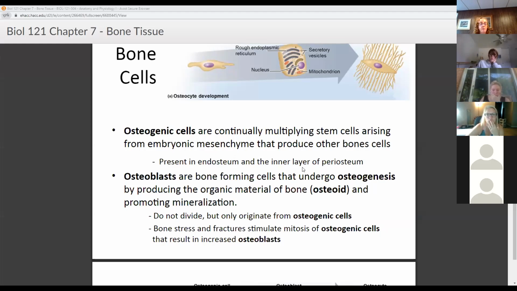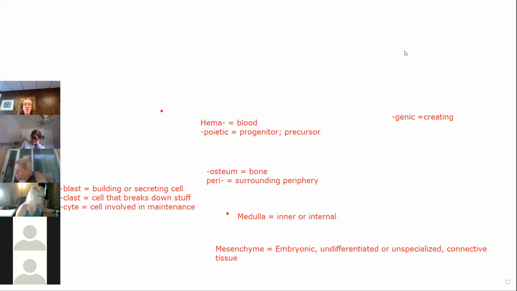Osteoblasts are bone-forming cells that undergo osteogenesis. So genesis, remember, if we talked about the word genesis? Probably the easiest way to remember it is if you're familiar with the Bible. What's the first chapter of the Bible?